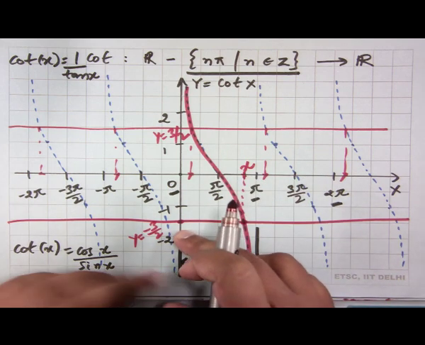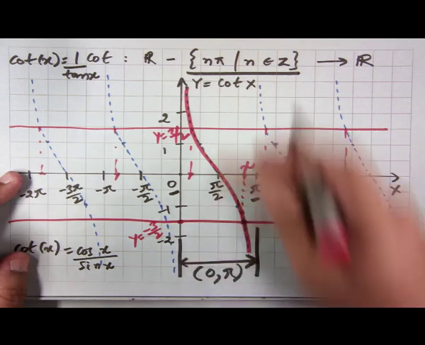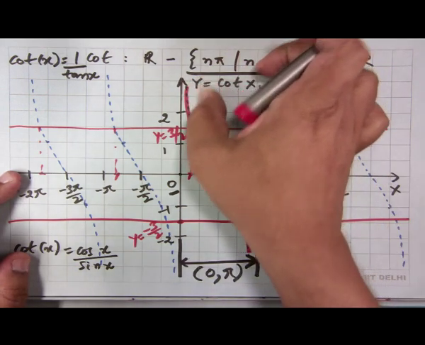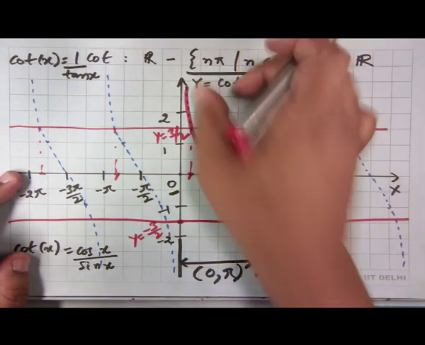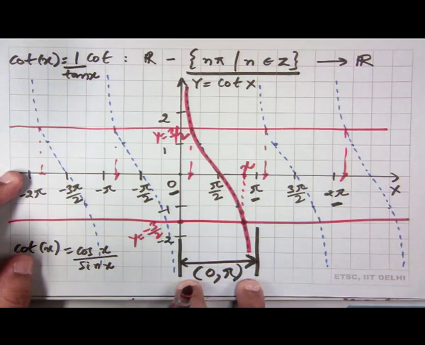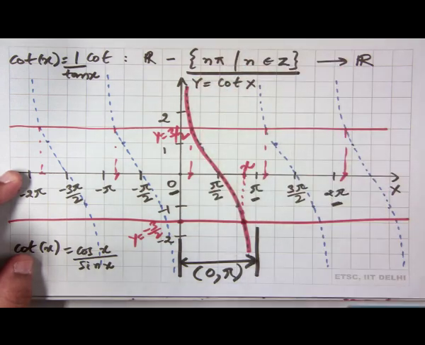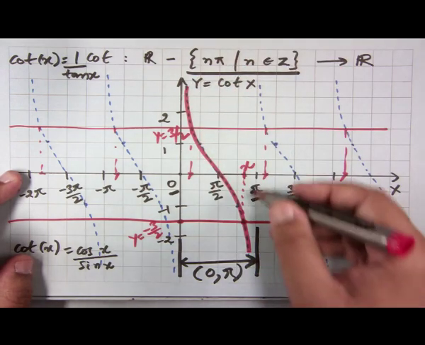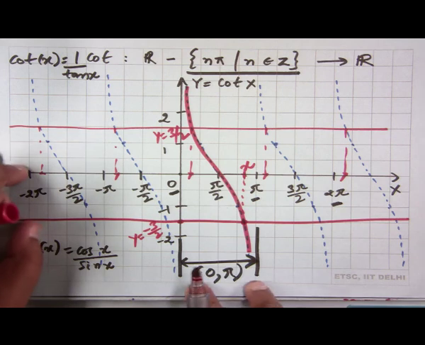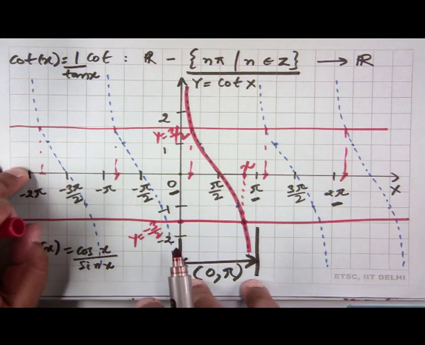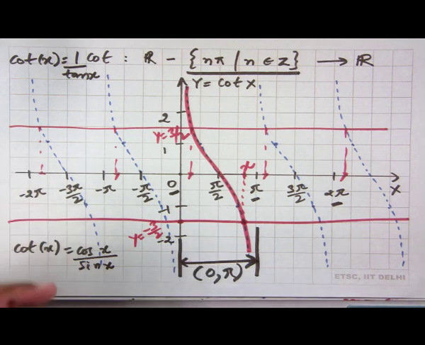This will be true for any value of y that you take, and that is very much clear also, because the cot function is a continuous function in this restricted domain, and additionally it is monotonically decreasing. And therefore, by restricting the cot function to this domain, we should be able to define its inverse meaningfully.